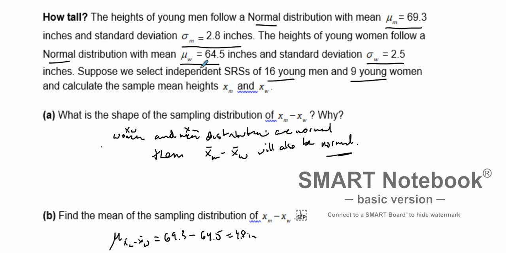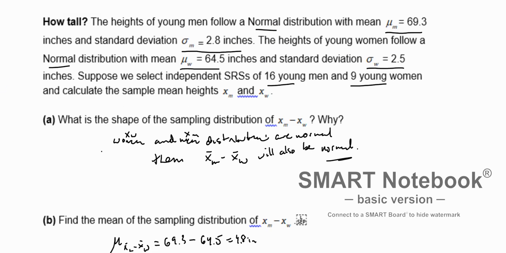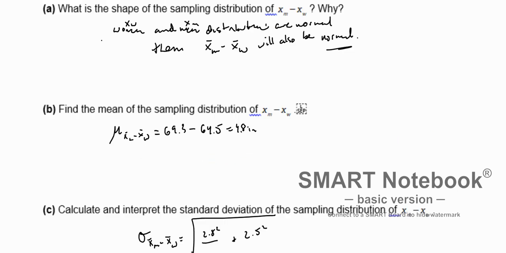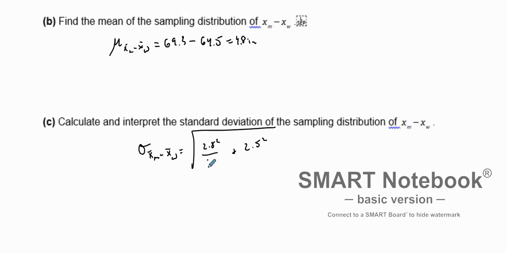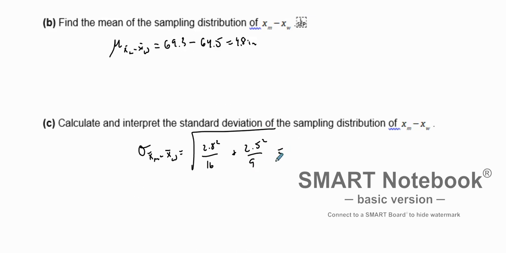We are given the standard deviations, so we take 2.8 squared and add that to the other variance, 2.5 squared, each divided by its n value: 16 for men and 9 for women. In the calculator, 2.8 squared divided by 16, plus 2.5 squared divided by 9, and at least I got 1.088.